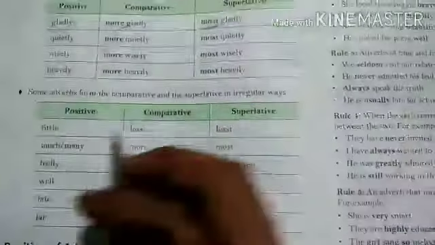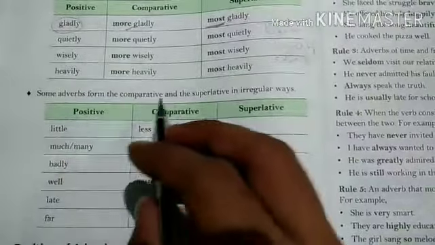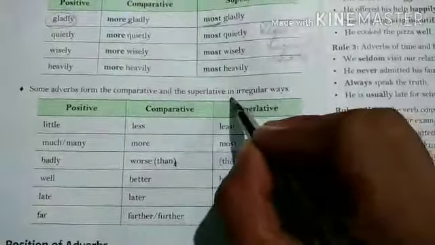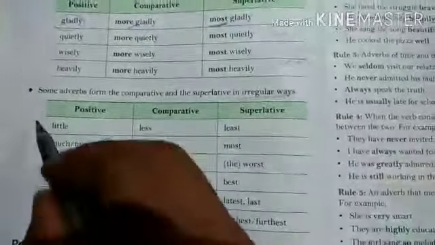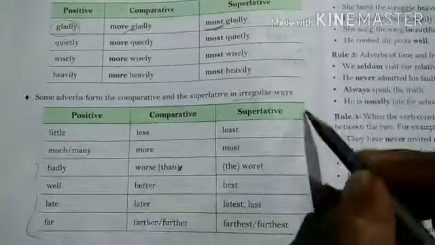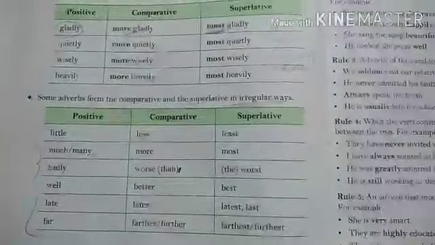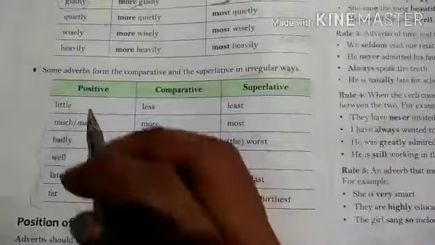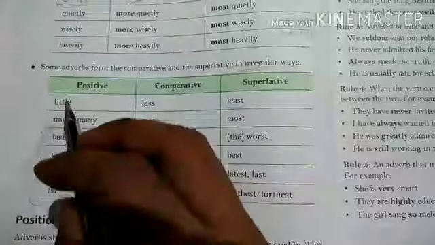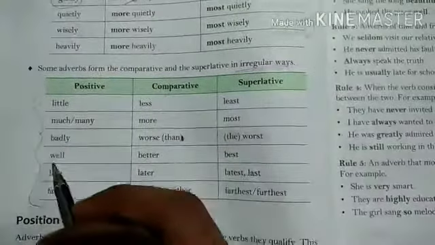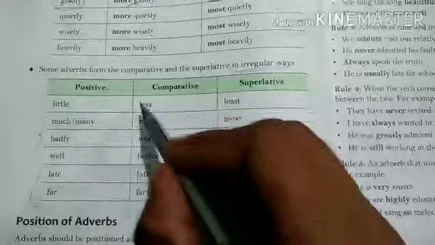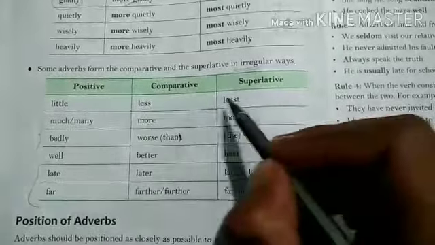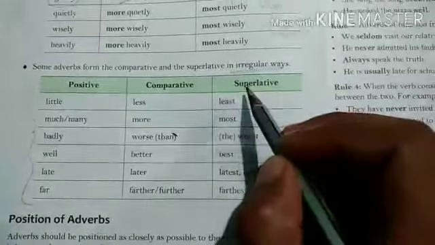Now here, some adverbs form the comparative and superlative degree in irregular ways. In the table you see here, we have some adverbs which form completely new words in each degree.